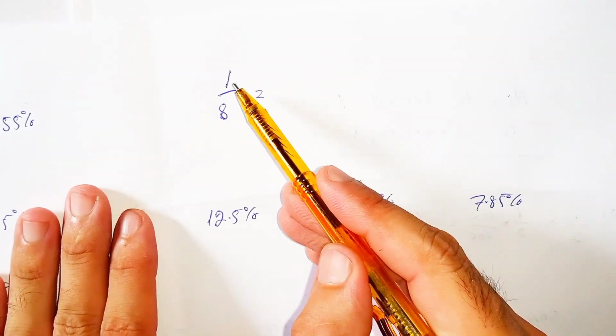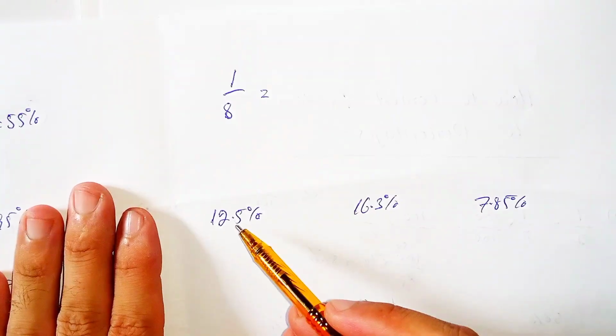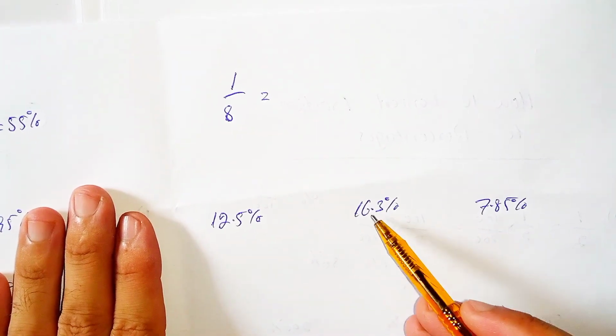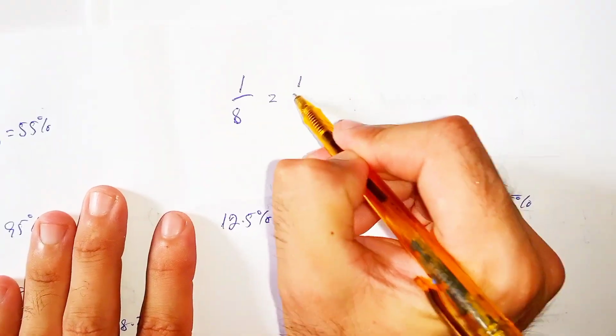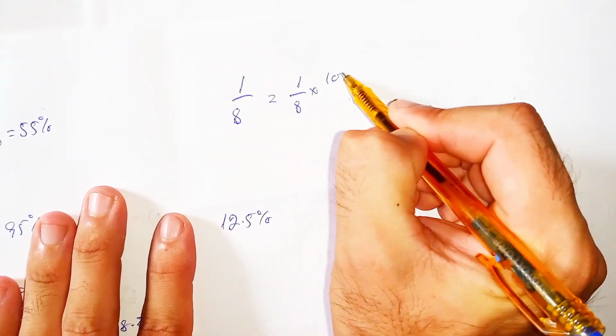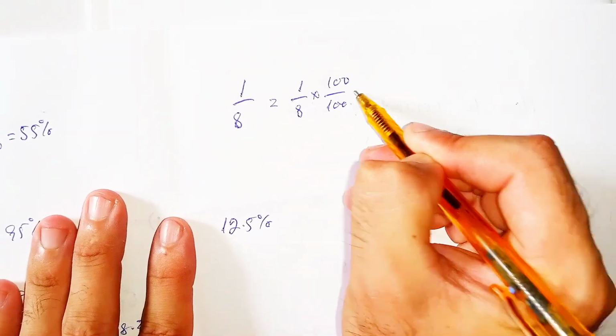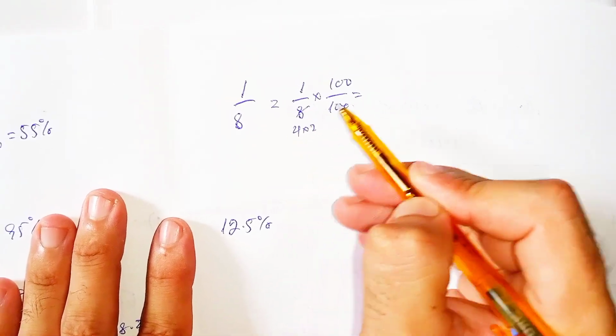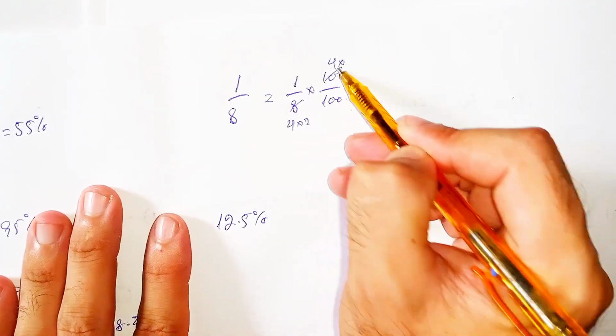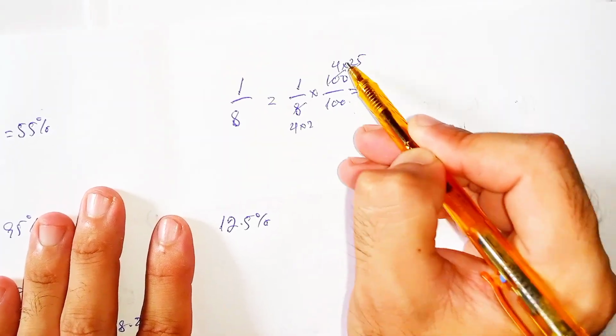Now we are going to solve whether 1 over 8 is equal to 12.5%, 16.3% or 7.85%. So 1 over 8 multiplied by 100 and divided by 100. So 4 times 2 is 8 and 4 times 25 is 100.